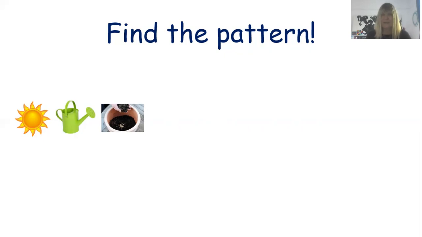I wonder if we're going to go back to the sun now. Let's have a look. No, we've got what happens if you put a bulb in some soil, give it some water, give it some sunshine, it grows into a beautiful plant. I think this is a hyacinth.